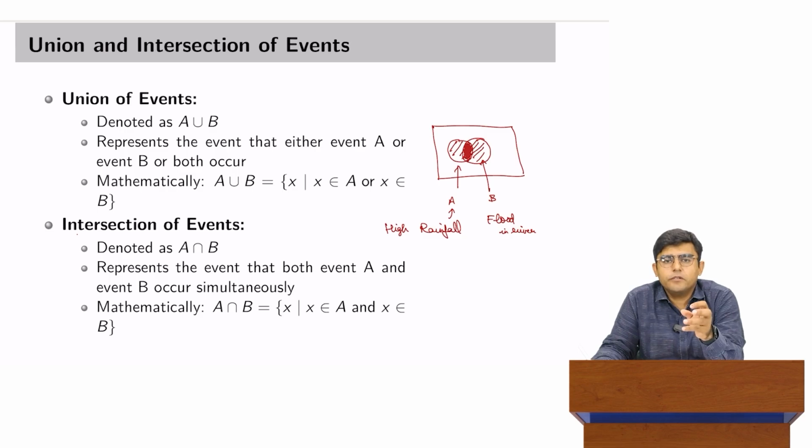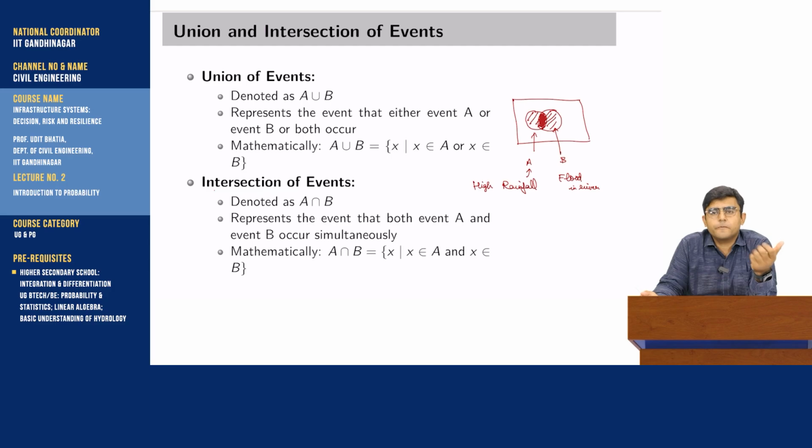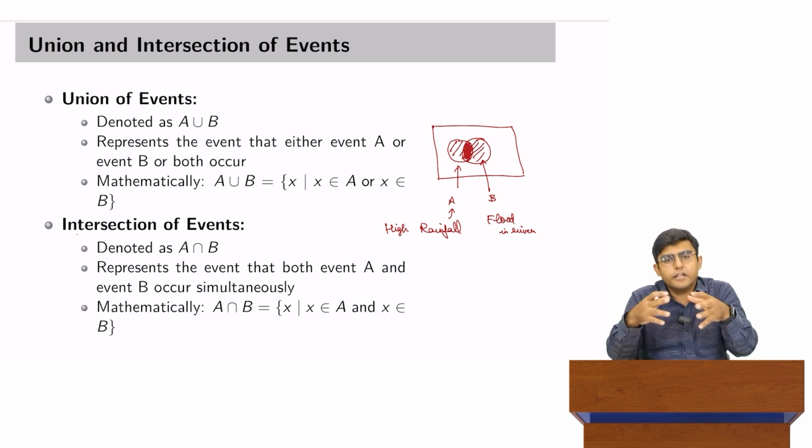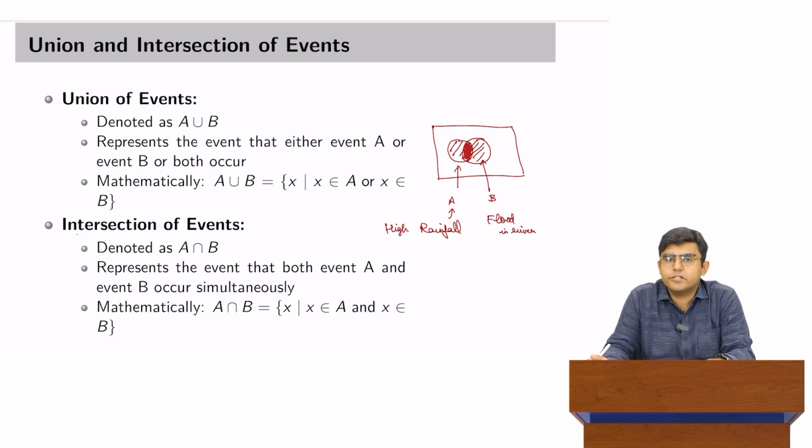Now, high rainfall may or may not always translate into high flood levels in the river, but sometimes it may happen that high rainfall can cause flooding in the river, or it coincidentally may happen that because of some reservoir operations upstream, there is enough water in the river and high rainfall happened. So there is a possibility of intersection, that we may have high rainfall as well as flood in the river at the same time, both by chance or by causation.